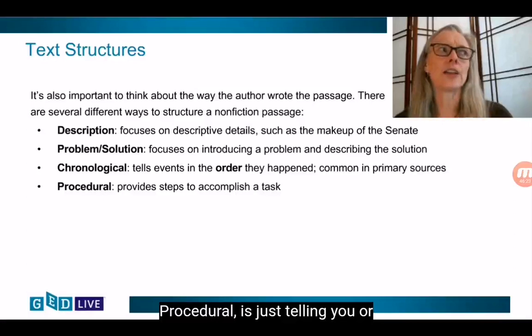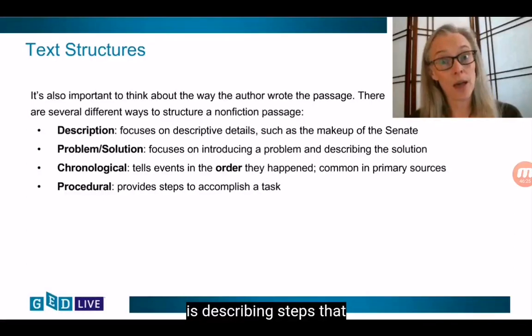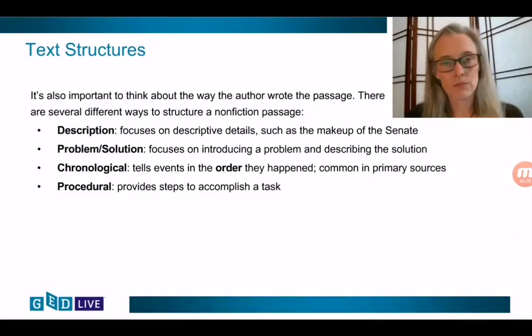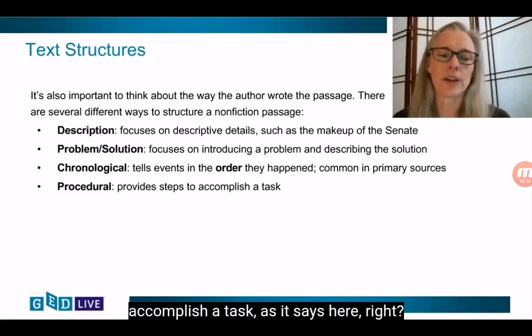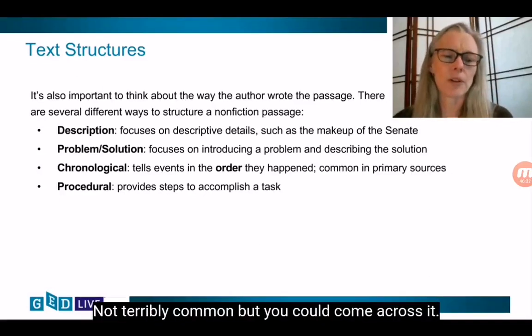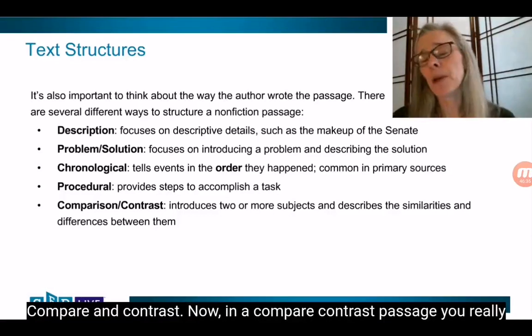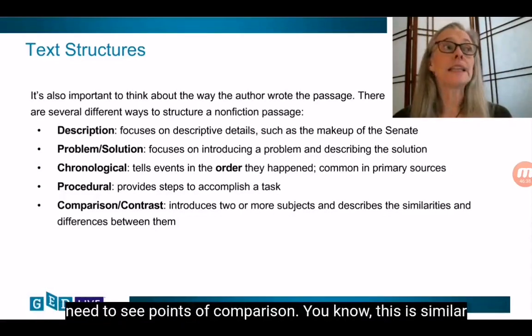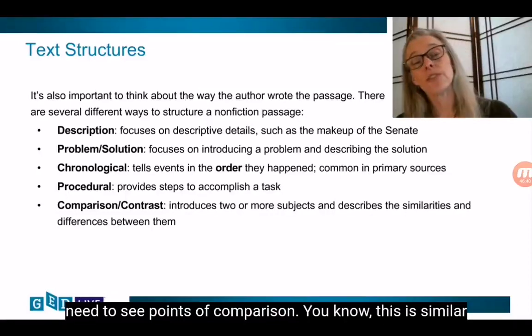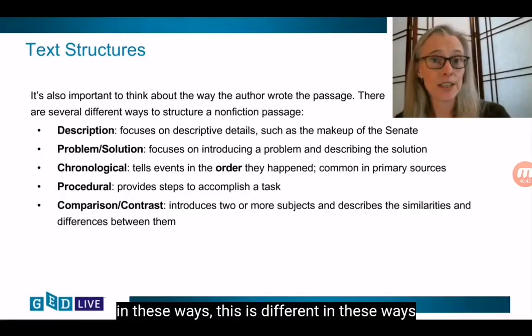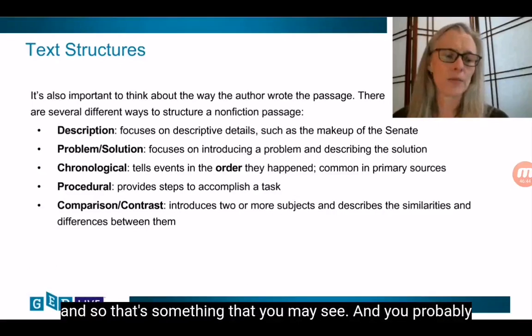Procedural is just describing steps that accomplish a task, as it says here, right? Not terribly common, but you could come across it. Compare and contrast. Now, in a compare and contrast passage, you really need to see points of comparison. So this is similar in these ways, this is different in these ways, and that's something that you may see.